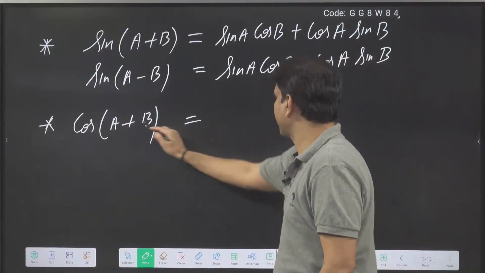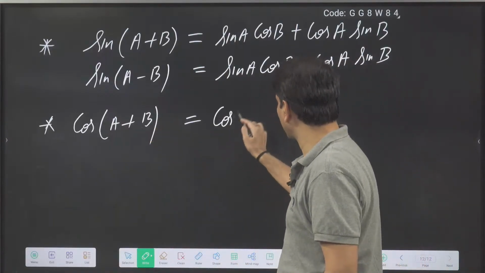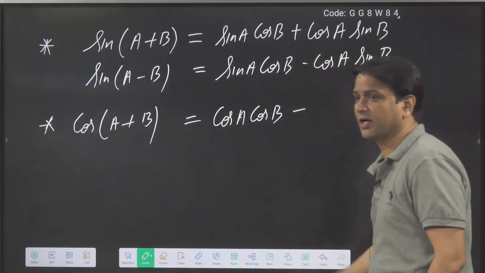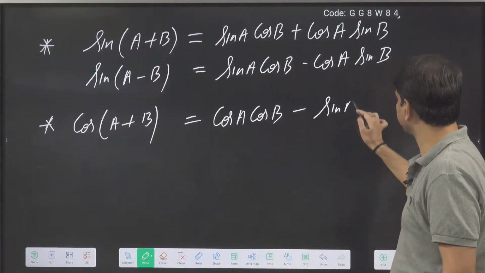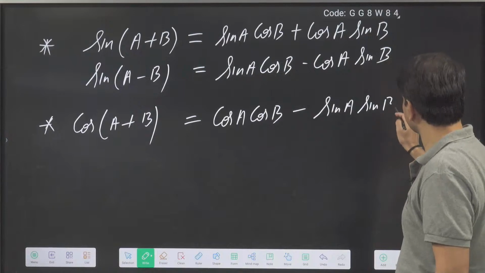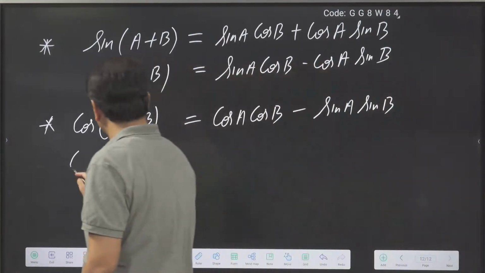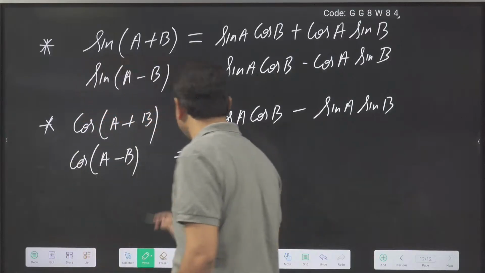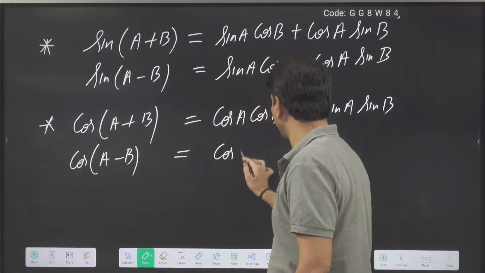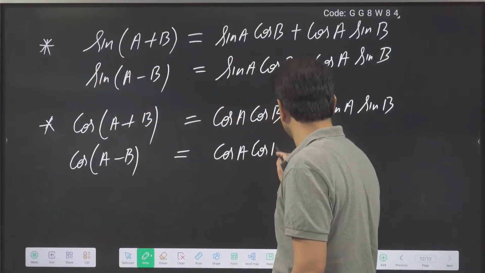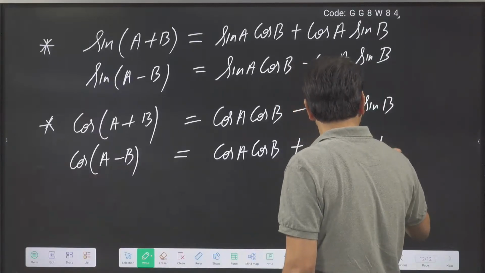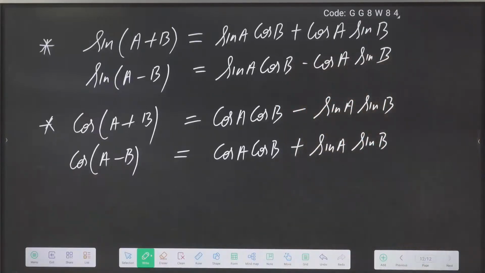So when we are using the plus, here I will write cos a cos b, and that's why minus will come: sine a sine b. Next, cos of a minus b will be equal to what? Similar formula, only plus will come in between: cos a cos b plus sin a sin b.